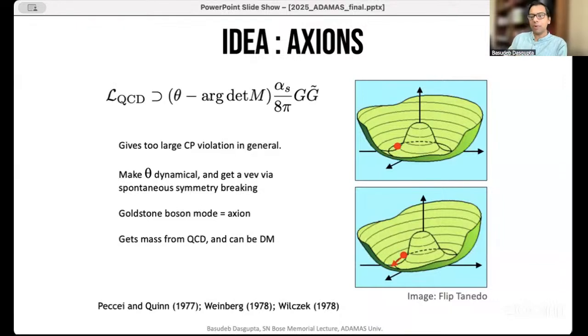In electromagnetism, the field tensor is F mu nu, which if you write in terms of electric and magnetic fields, is E square minus B square. We do not write a term that is E dot B, because it would violate parity, and we know that electromagnetism does not violate parity. So we don't write that.